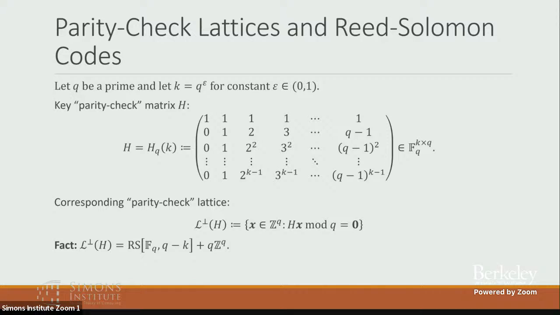It turns out that this is the parity check matrix of a particular Reed-Solomon code, over FQ with evaluation set FQ and of dimension Q minus K. The coding theorist might be upset, but I'm using K here to mean codimension, not dimension.